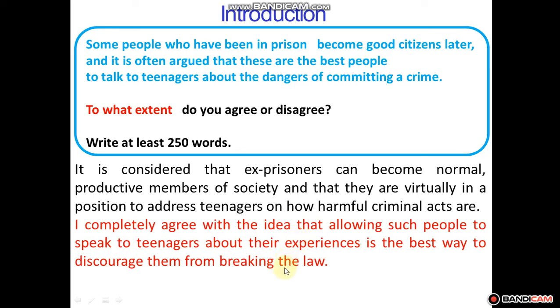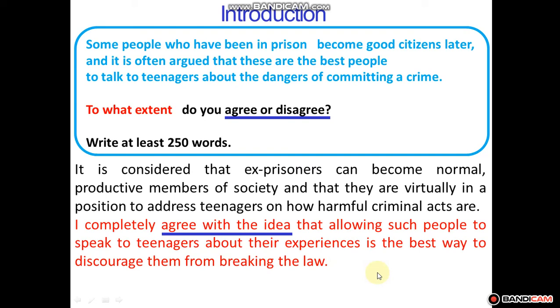Not only this, but the examiner can also understand the probable number of body paragraphs you are going to write in the coming part of your writing. All right, so please pay attention to it, and your coming paragraphs must be compatible with your thesis, with the plan given in your thesis statement. All right.